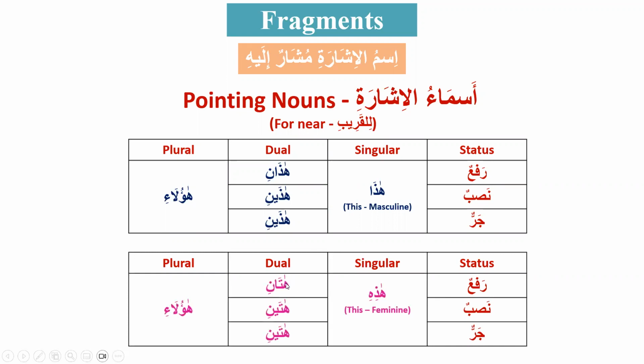You see هؤلاء, masculine, feminine, doesn't matter. The plural is the same. And هذه doesn't change like هذا. It's non-flexible. هؤلاء is also non-flexible. But when we come to duals, they have some flexibility.